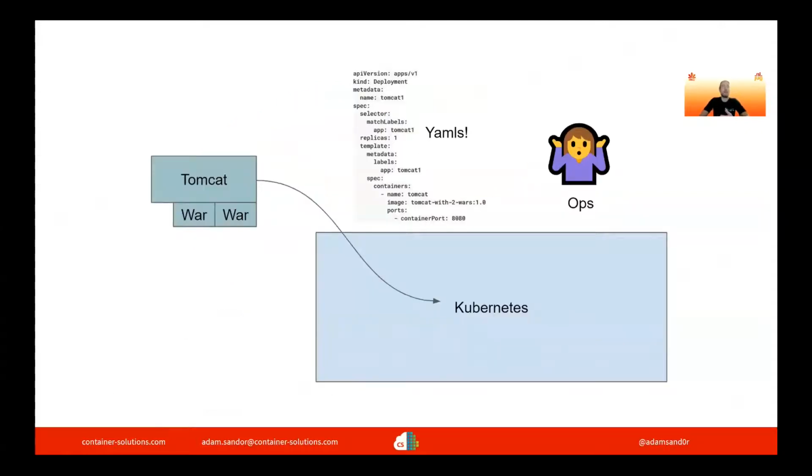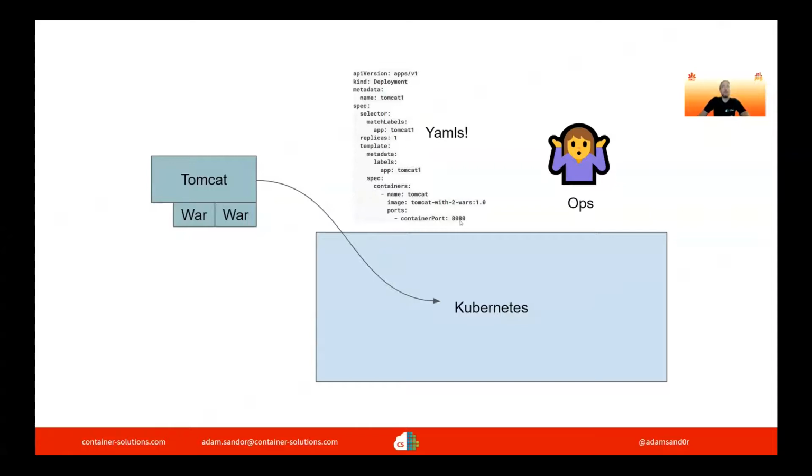Let's take a look at deploying a Tomcat application, which is, well, basically deploying Tomcat with 2 WAR files to Kubernetes. This is going to be my example today. To do this, we would create a Docker container image with Tomcat inside and the 2 WAR files, and then create a YAML file describing a Kubernetes deployment that would run a certain number of replicas of our image.